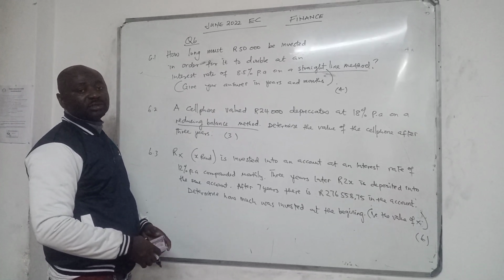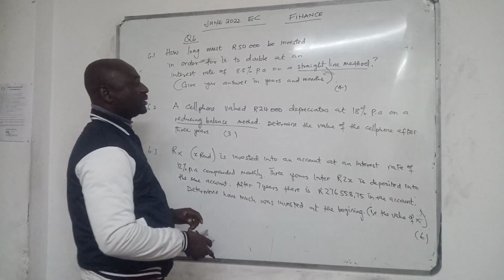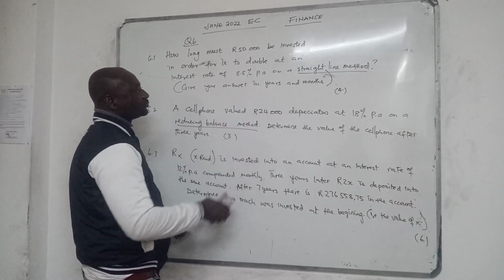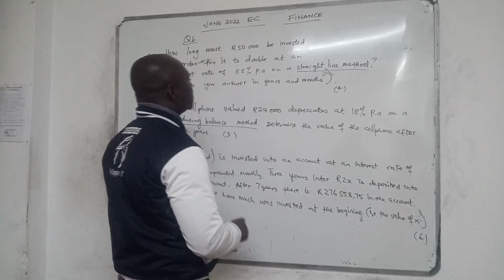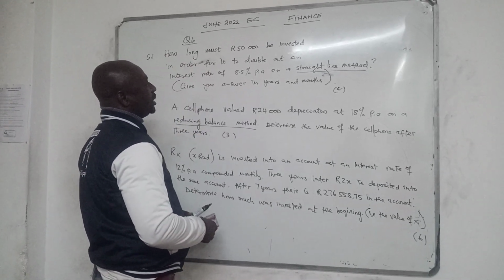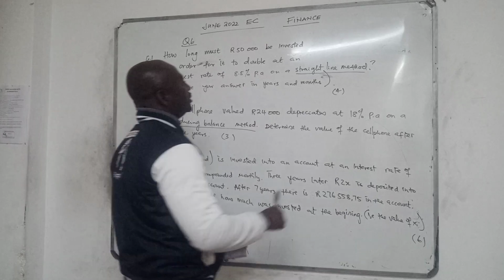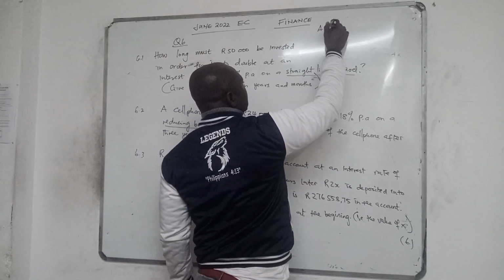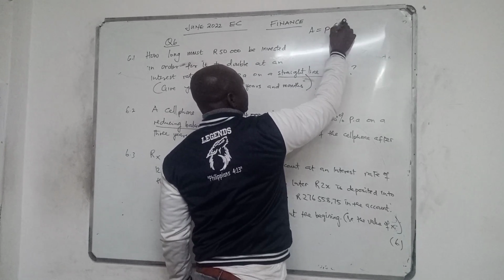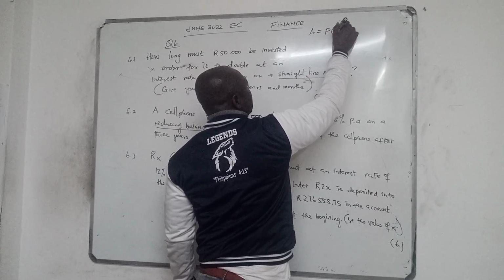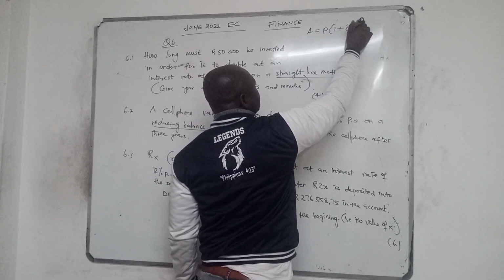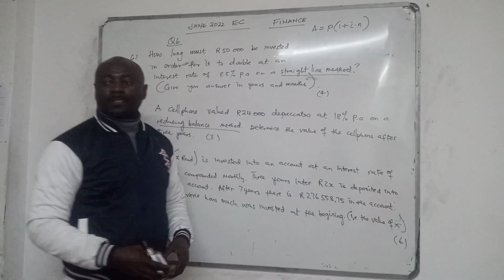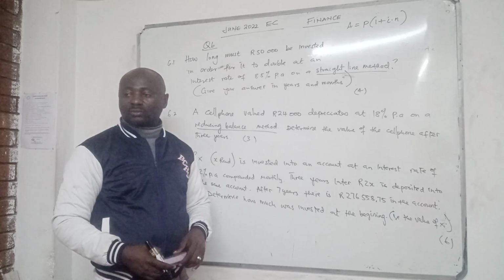So we have this question to look at. To start with, we will start with question number 6.1. Now, when we talk about straight line method, we say A is equal to P into bracket 1 plus I times N. That is a straight line method, not depreciation.